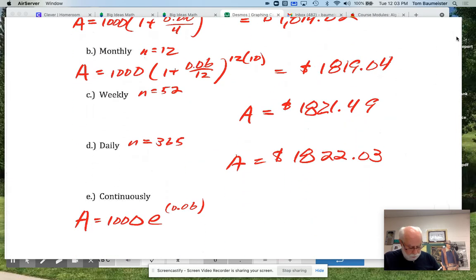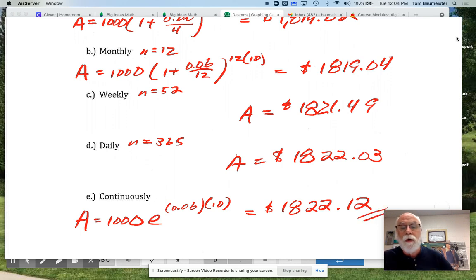And our t is still 10. Plugging that into your calculator, you would get $1,822.12.